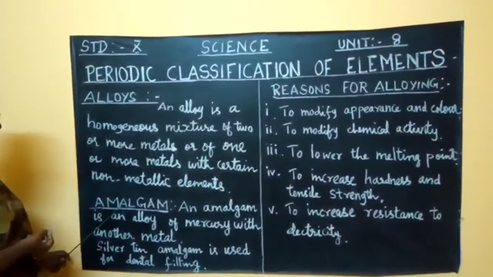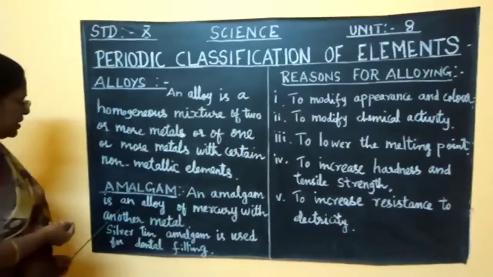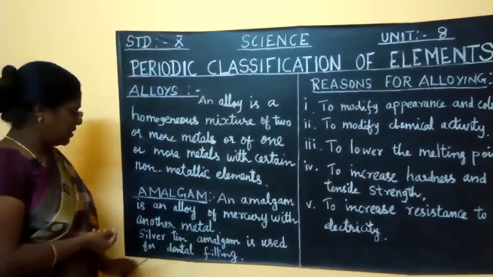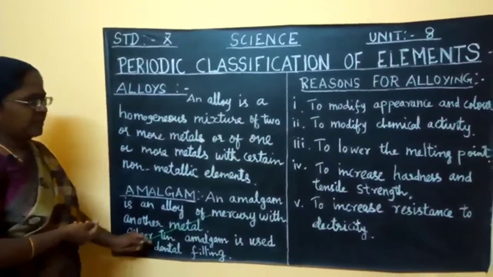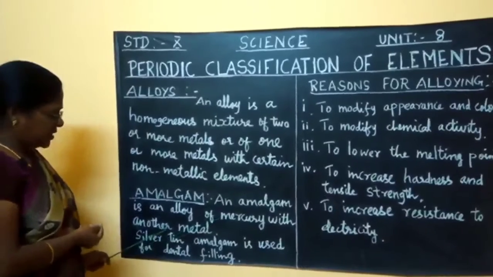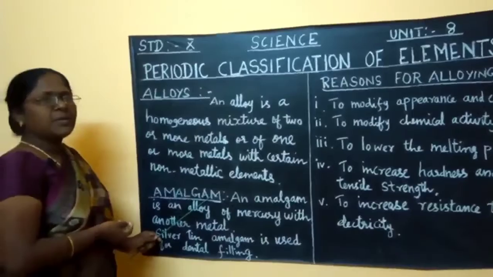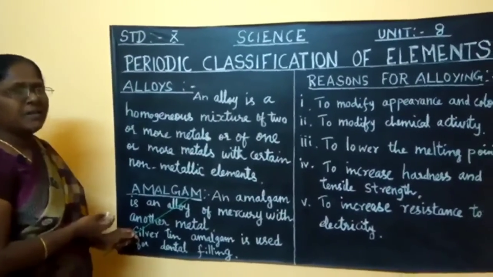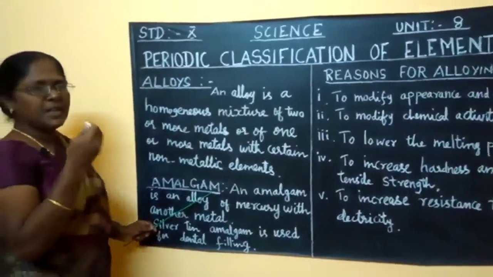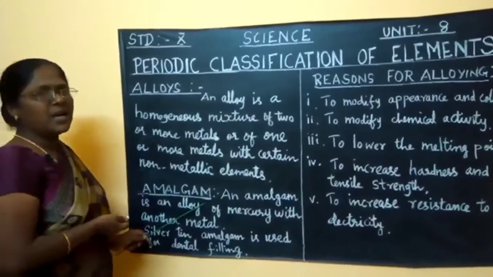So next one we are going to see about amalgam. And amalgam is an alloy of mercury with another metal. Here mercury symbol is Hg. Next, here amalgam is formed through metallic bonding with the electrostatic force of attraction between the electrons and the positively charged metal ion.